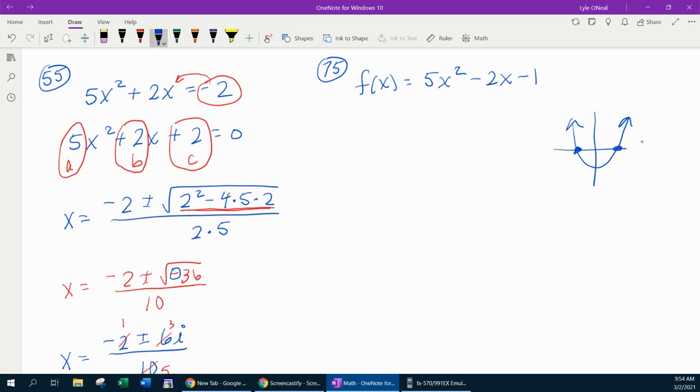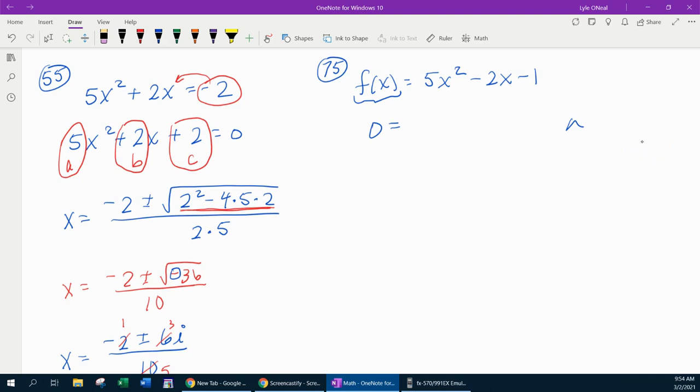Now, where do the x-intercepts occur? Well, they occur on the x-axis, and every point on the x-axis has a y-coordinate of 0. So that is why we're going to set this equal to 0. To find the zeros of the function means to find the solutions, which are the x-intercepts, of the quadratic equation.